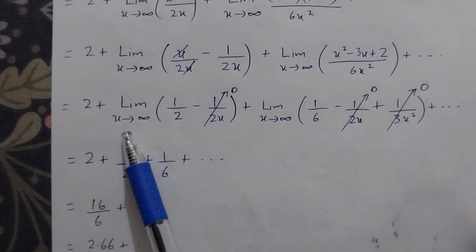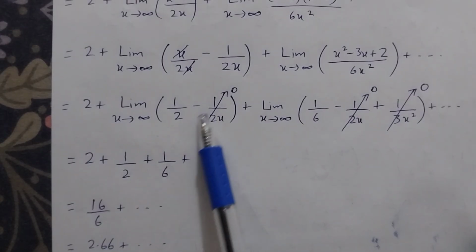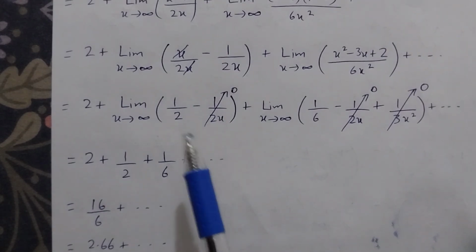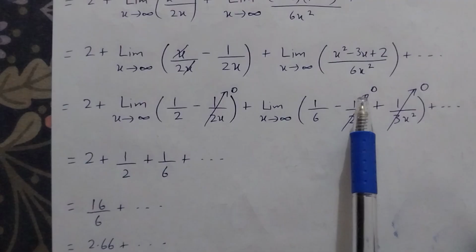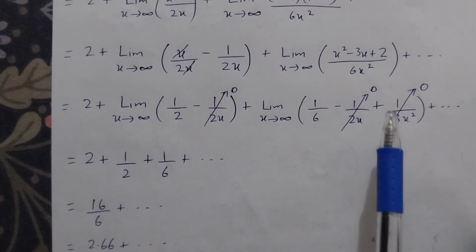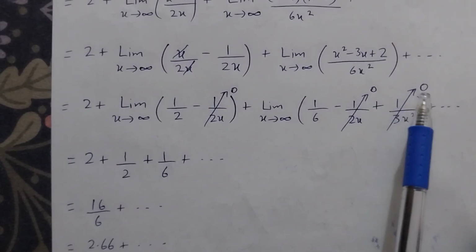X is a very large positive number, so the denominator will be very large, and 1 divided by a very large positive number approaches 0. So 1 by 2 minus 0. Similarly, this 1 by 6 remains the same. 1 over 2x will approach 0. And 1 over 3x squared also approaches 0, because 3x squared is a very large positive number, and this thing will approach 0.